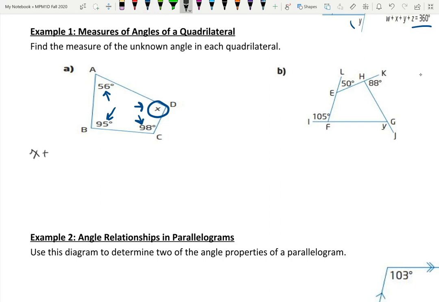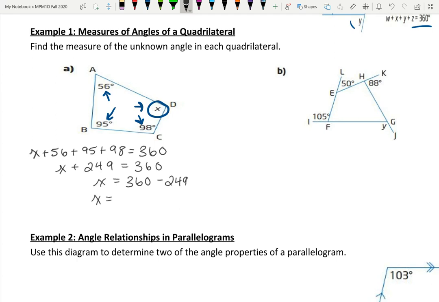So X plus 56 plus 95 plus 98 is equal to 360. Now let's collect our like terms, simplify, and then isolate our unknown variable. And then don't forget your units, degrees.